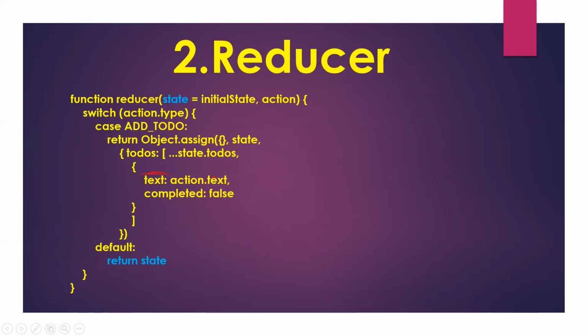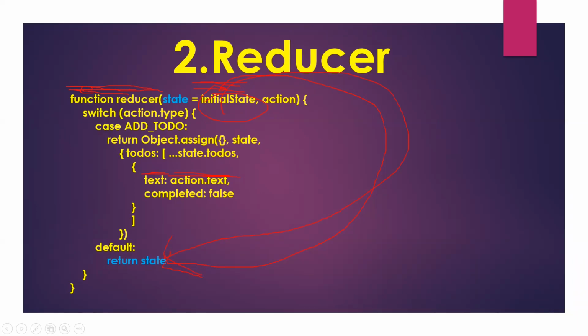And finally the initial state will be transformed and a new state generated. So this reducer is a machine in local language, but actually it is a function which transforms the initial state into a new state.